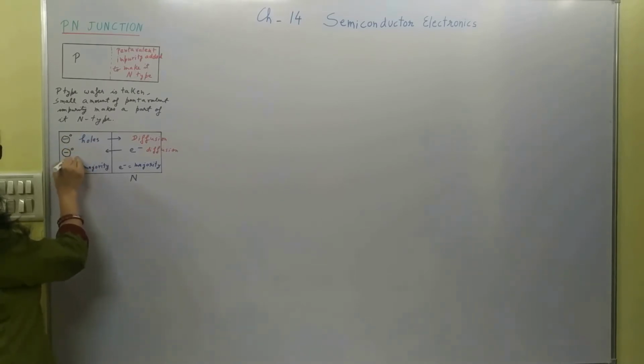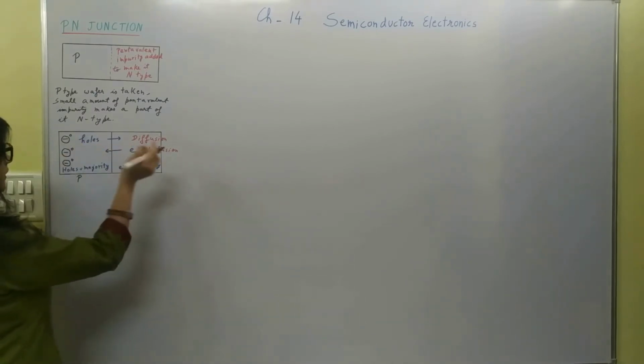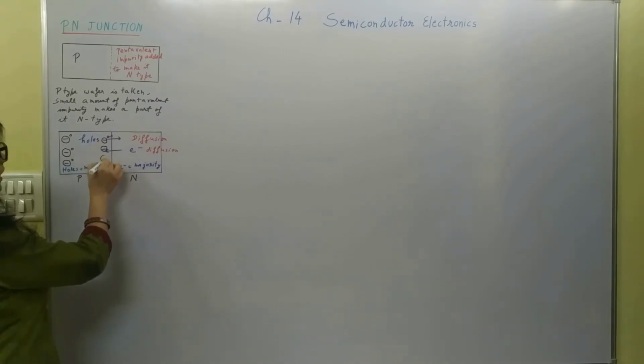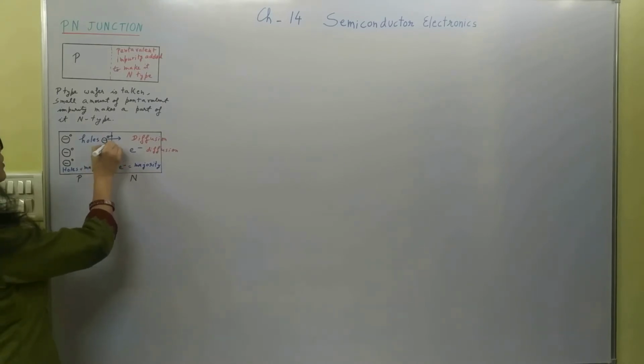We have studied this while discussing p-type semiconductors. So when the holes are diffusing this side, ions are left behind.